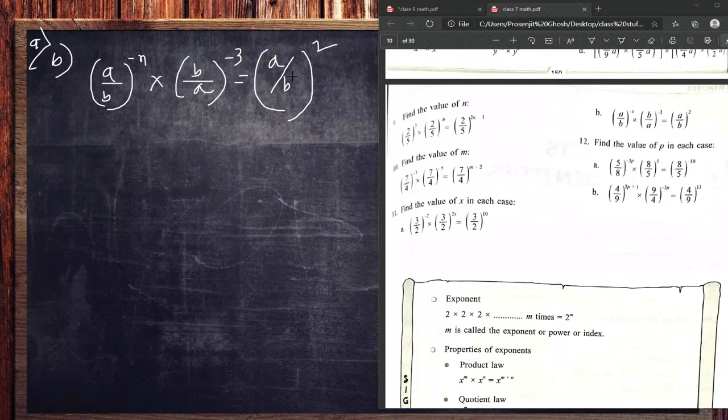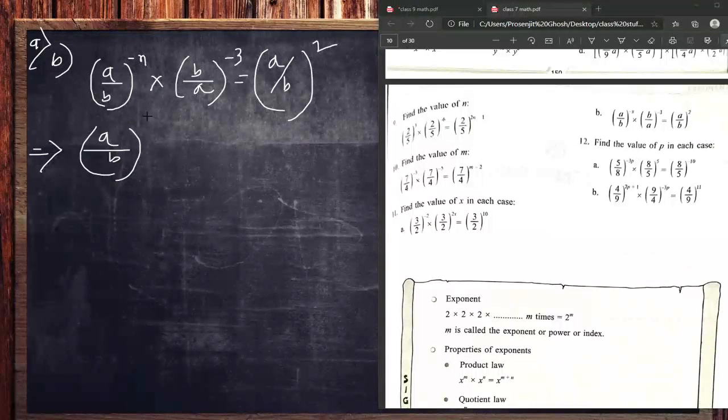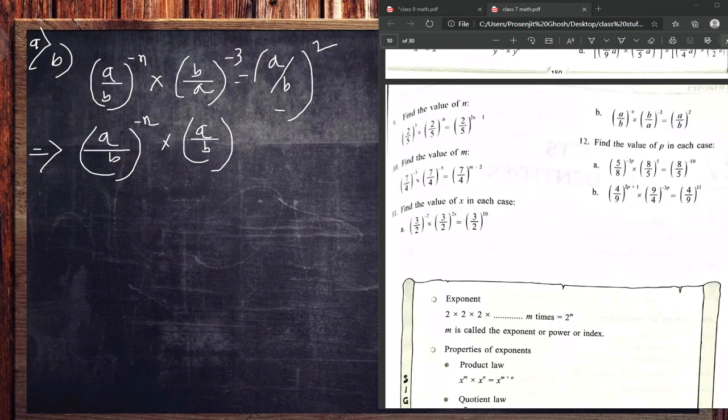But how? So for this, first of all, make it more simplified. A by b whole to the power minus, b by a. We can write it as a by b. I just showed you right now that if you flip that one, the power will automatically be positive. I just showed you in the last few sums.